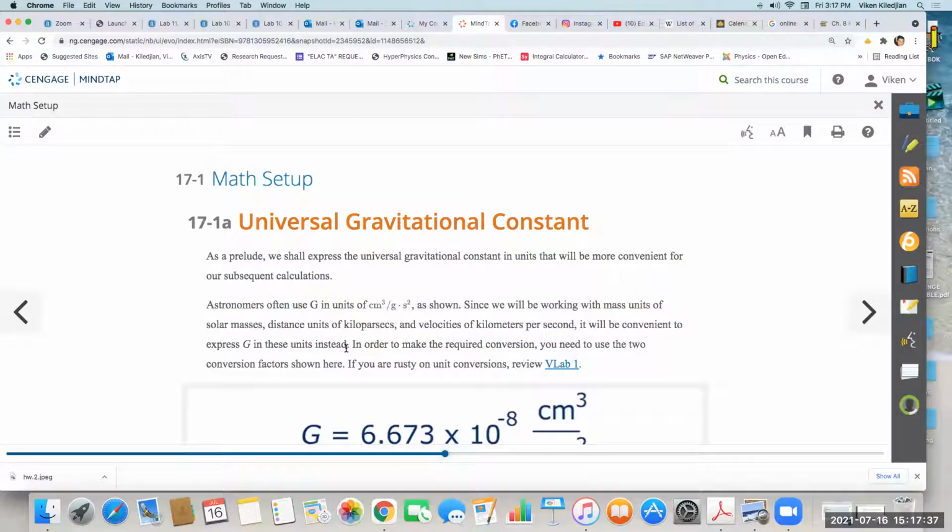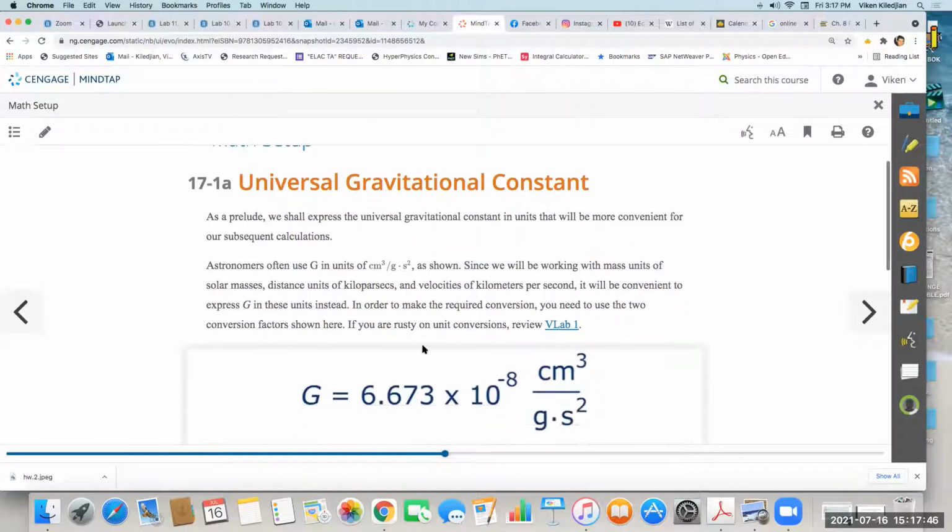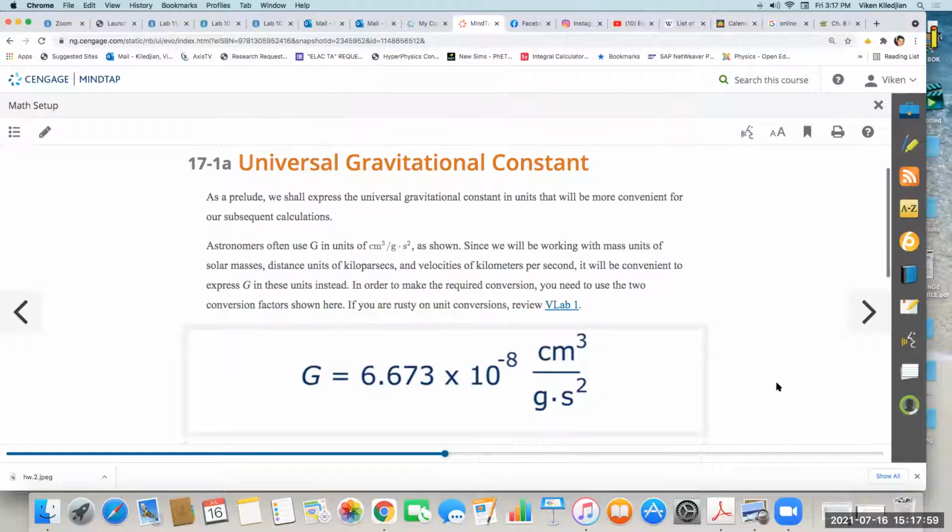So because we're looking at very heavy things, very fast things, they're going to be converting these units of G to other units. In order to make the required conversion, you need to use the two conversion factors shown here. If you are rusty on unit conversions, review the lab that we did for lab 1 on unit conversions.